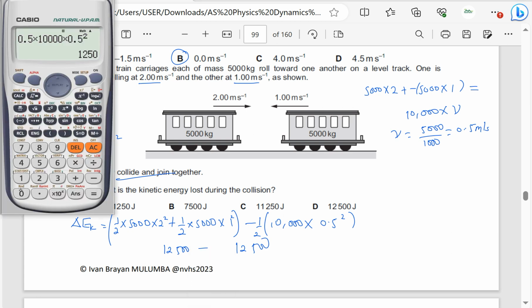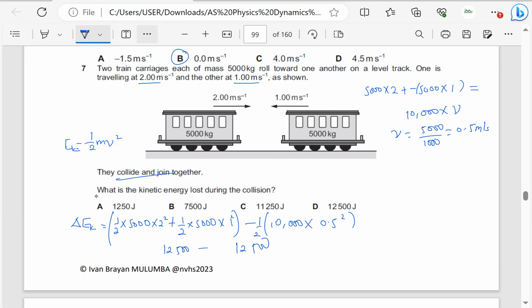How is this possible? 0.5 times 10,000 times 0.5 squared. No, it is 1250, not 12,500. So this is 1250.